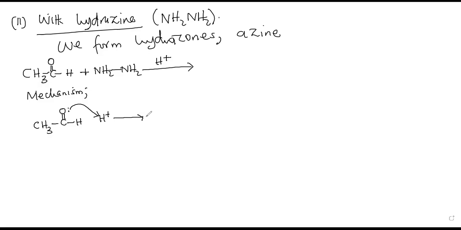So first bring an acid. We shall form CH3, CH, OH2, then with the H. Then now you bring your hydrazine, NH2, NH2. So this one will lead to the formation of CH3, C. I can bring H here. Then, of course, this one will go.